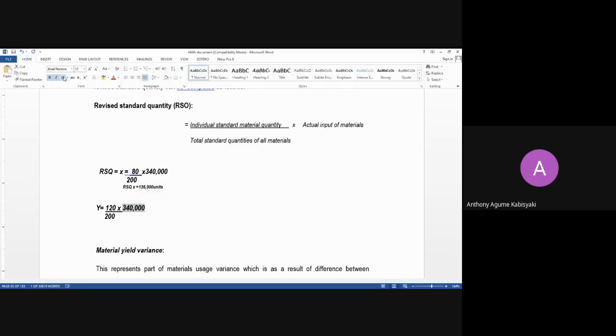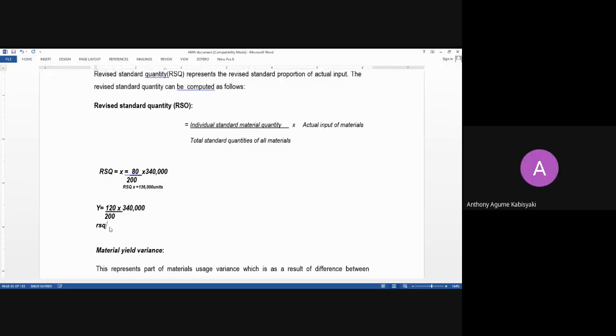So what do you have? 204 units. So that is the RSQ for Y. When I get 204 plus 136, do I get 340?